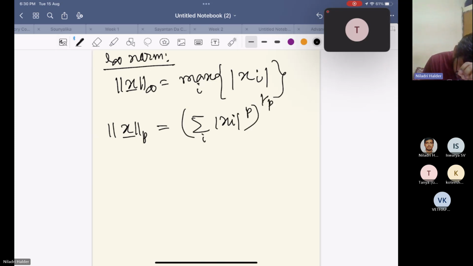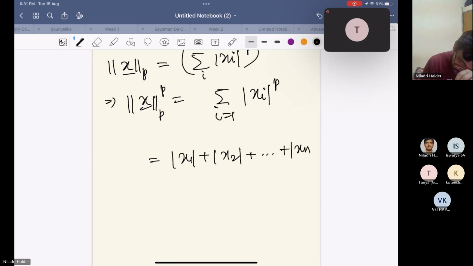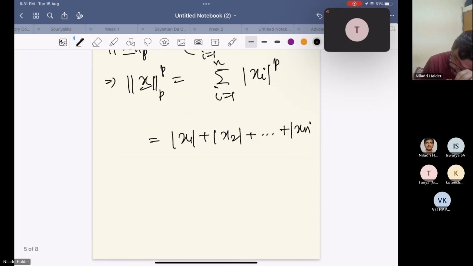Okay, so let's take power p. So that should be this only. Then that means mod of x1 power p plus mod of x2 power p plus up to mod of xn power p.